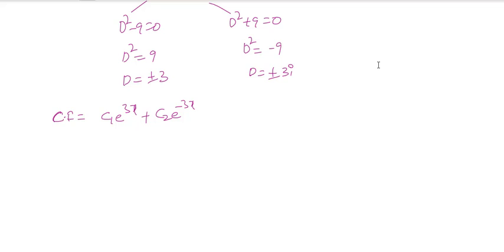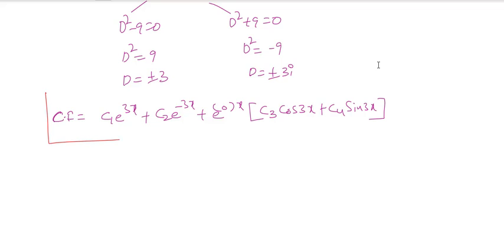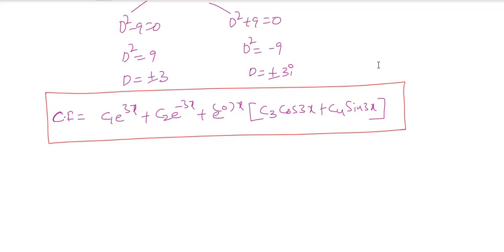This is a plus or minus, so plus e to the power of 0 into x into c3 cos 3x plus c4 sin 3x. This is the complementary function for that. Am I correct or not? Yes or no? So based upon the table, you can solve it.